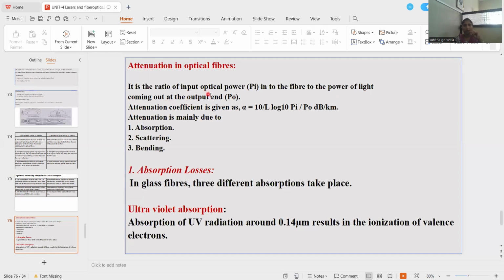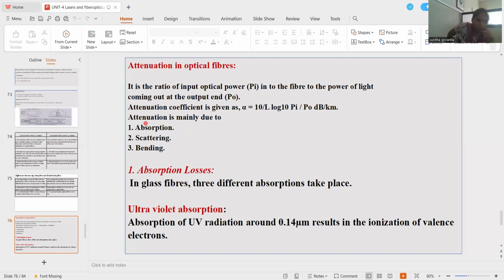Attenuation coefficient is given as alpha equals 10 by L log base 10 of Pi by P naught, where Pi is the input optical power into the fiber and P naught is the power of light at the output end, in decibels per kilometer. Here L is the length of the cable. This is about the attenuation in optical fibers.